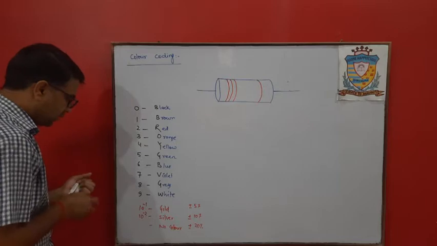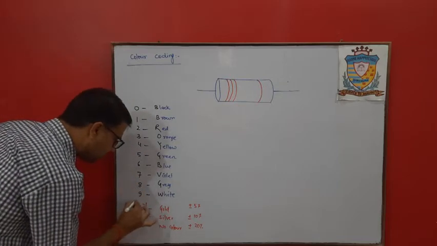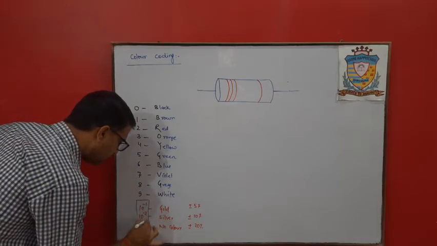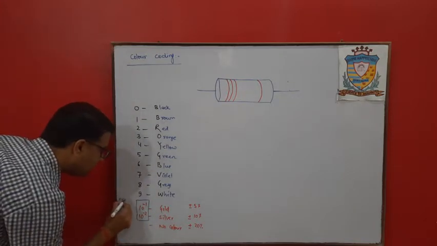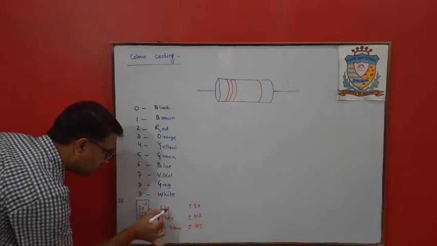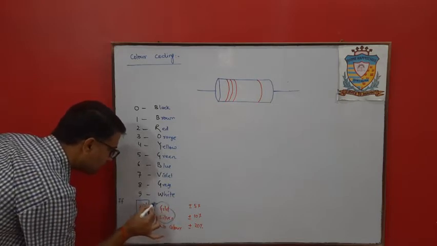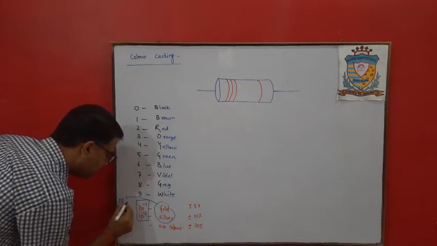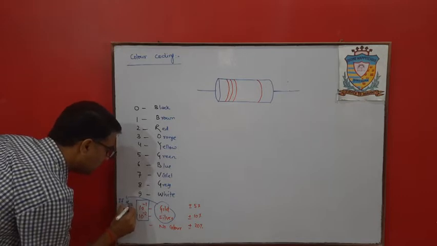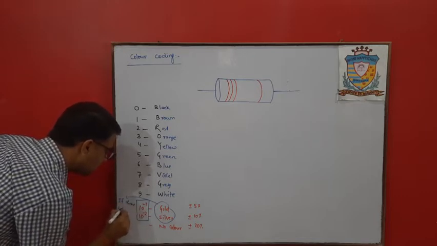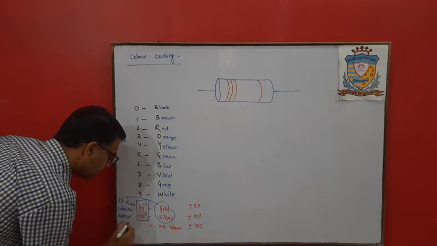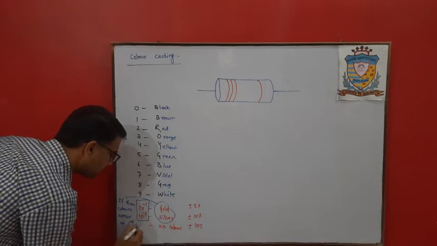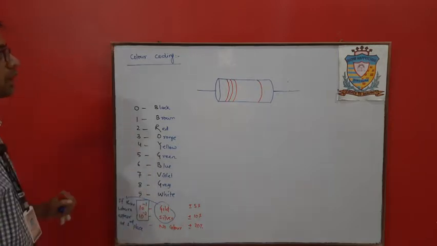But this is only for the condition where these two colors, that is gold and silver, appear at the third place. Clear?